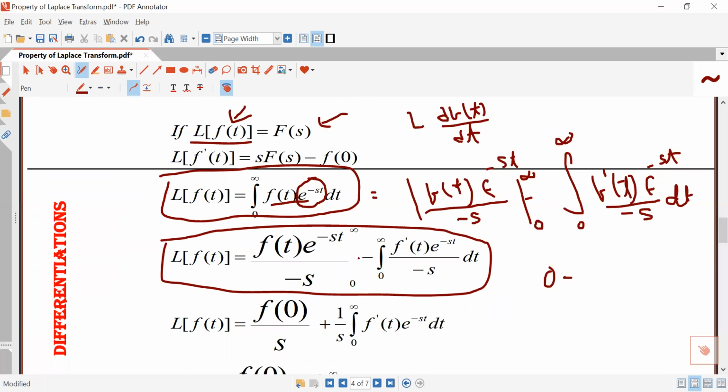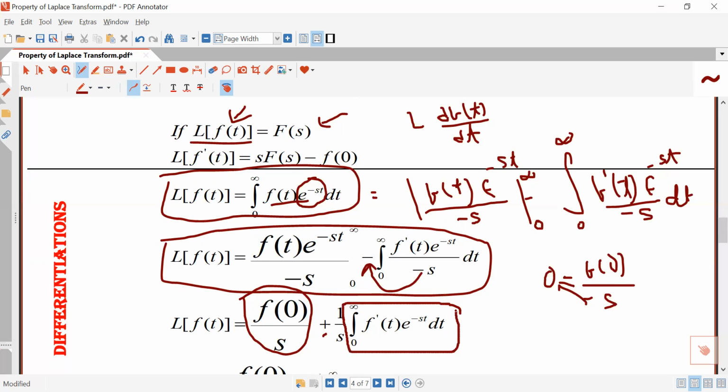And when you will put t equal to 0, then this will be f(0) divided by minus s. And this minus will be plus. So you will get f(0) by s. And this minus will be plus. So you will get here 1 by s integral 0 to infinity f dash t e to the power minus st dt. And what is this?